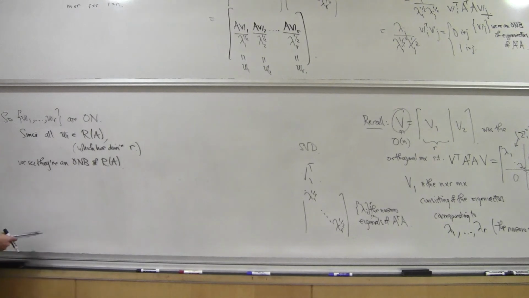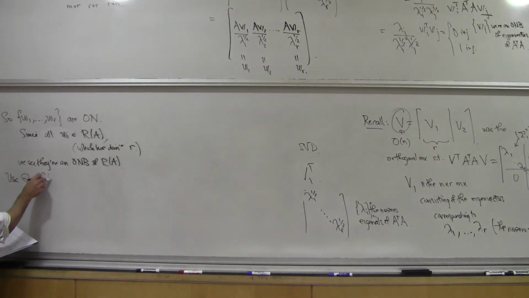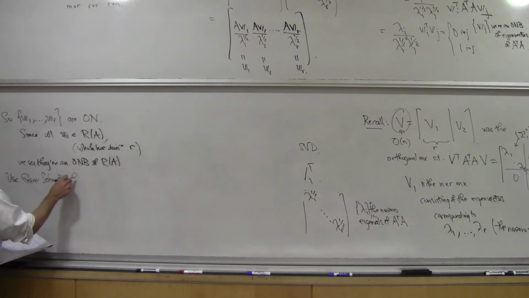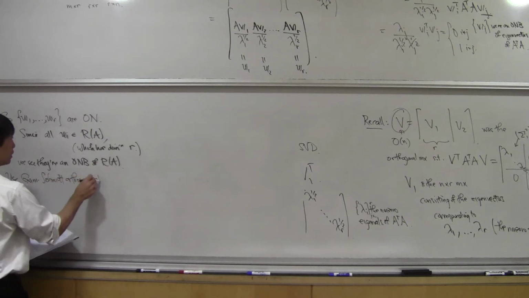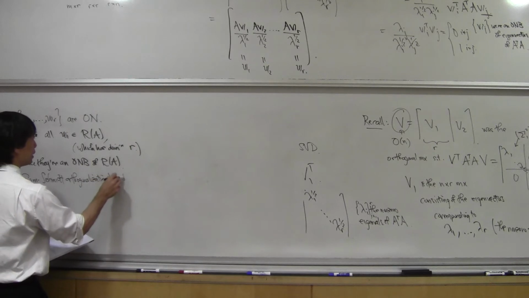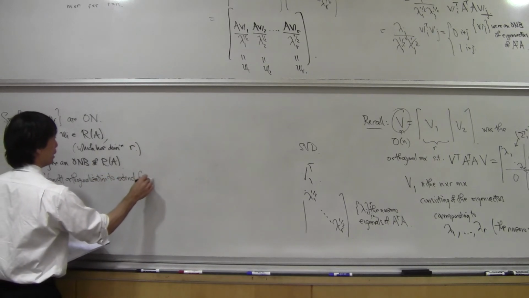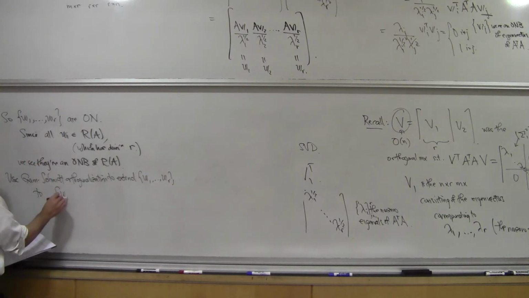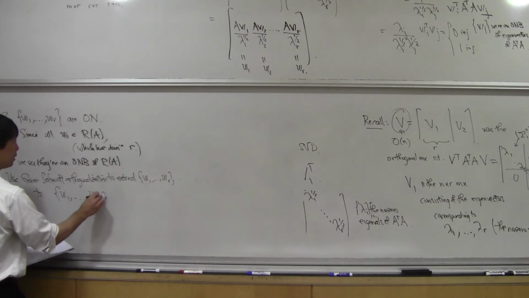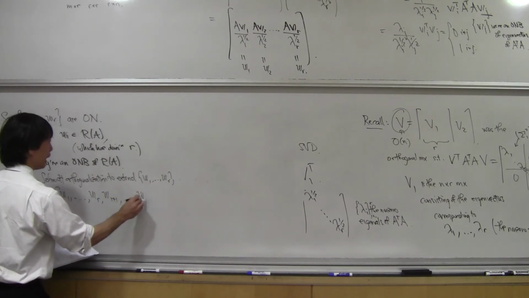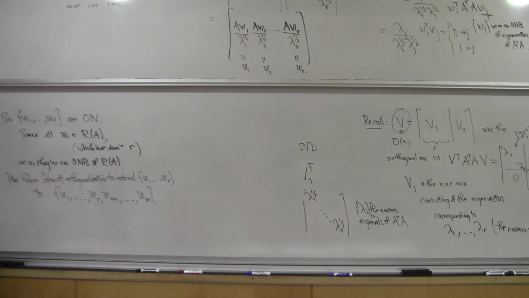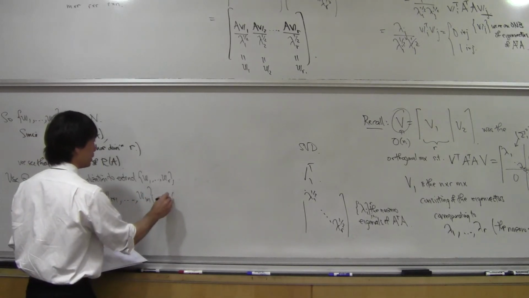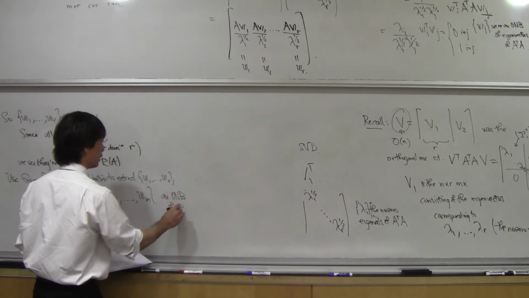Okay, so what we do is we say, okay, use Gram-Schmidt orthogonalization to extend U1 through UR to U1 through UM, an orthonormal basis of Rm.